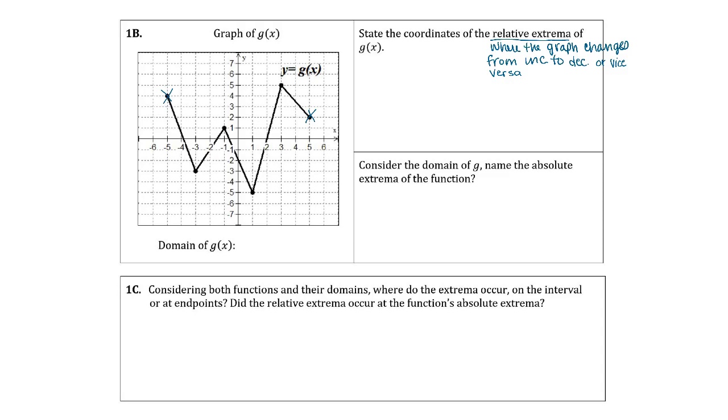So we can determine here our graph goes from decreasing to increasing. So that's going to be a relative min there. And then notice over here at this particular point, I go from increasing to decreasing. So that's going to be a relative max.